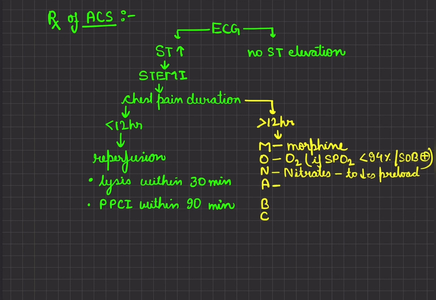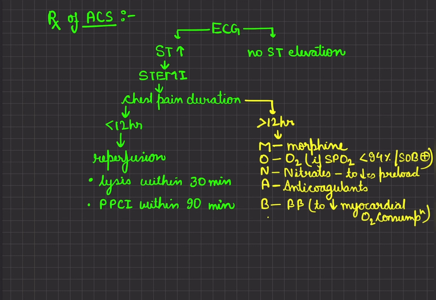A for aspirin, B for beta blockers, to decrease myocardial O2 consumption, and C for anticoagulation.